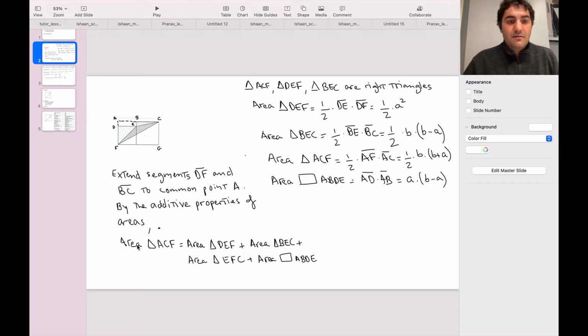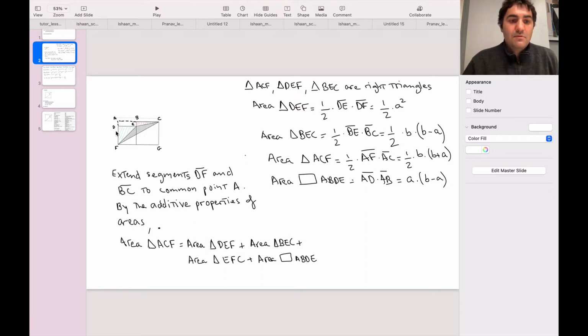So area of this big triangle ACF is going to be equal to the area of triangle DEF plus the area of triangle BEC plus the area of triangle EFC plus the area of rectangle ABDE.